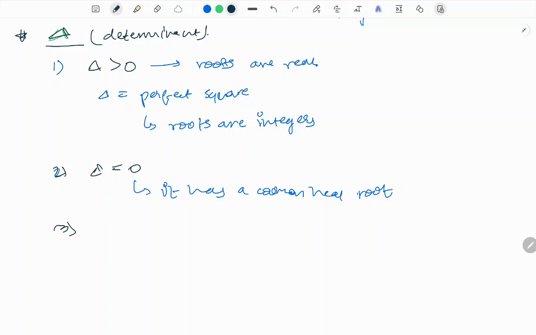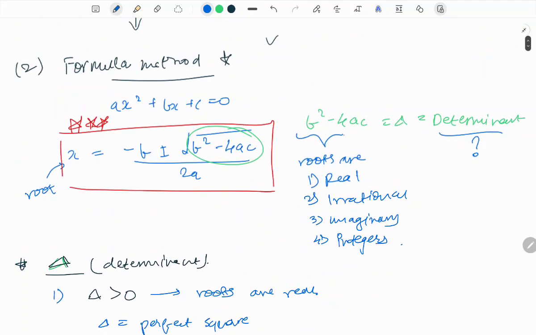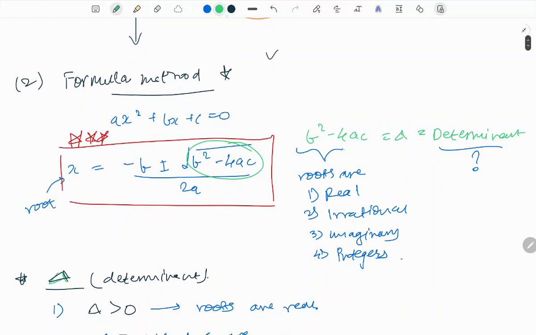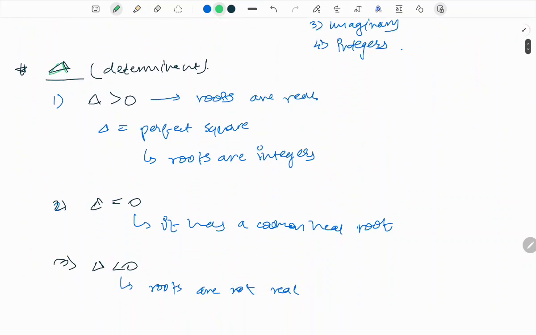And if the value of delta is less than 0, this indicates that the roots are not real. Well, that is very obvious, as if this value becomes less than 0, then the root cannot be taken, so it becomes a complex number, and the roots are complex.